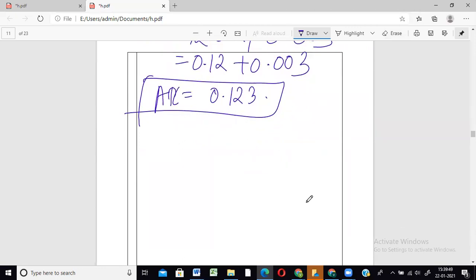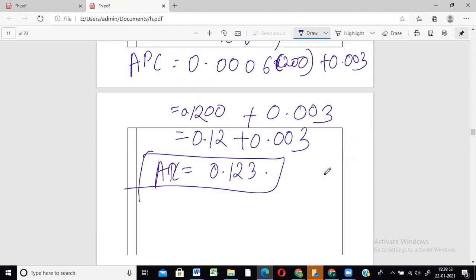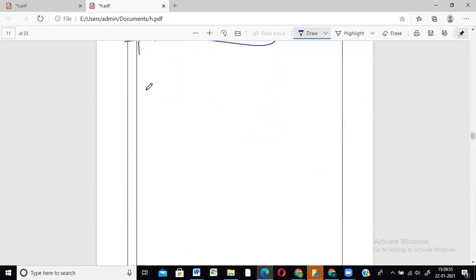Now the next question they asked us is marginal propensity to consume. What is marginal propensity to consume? We denote it using MPC, marginal propensity to consume, the derivative of consumption expenditure with respect to X, correct?